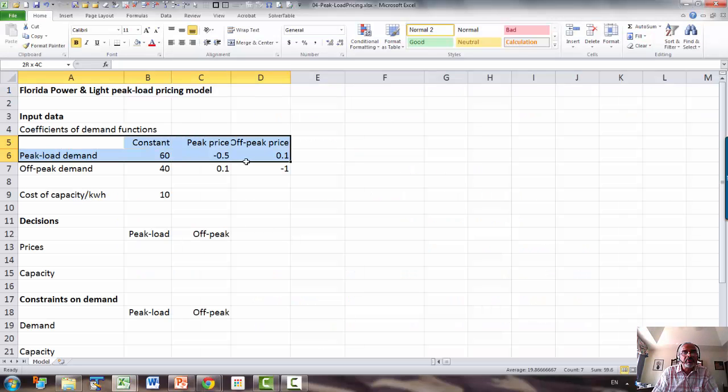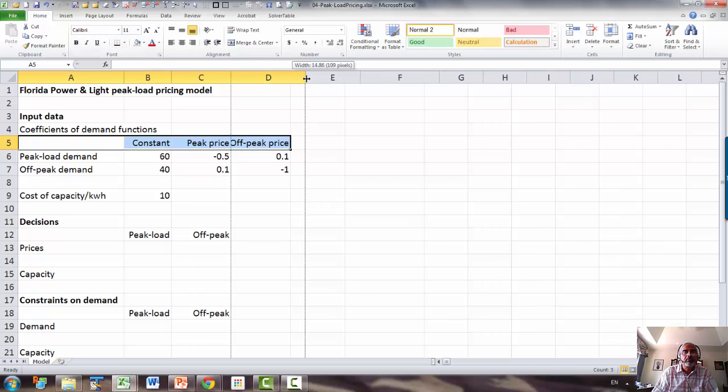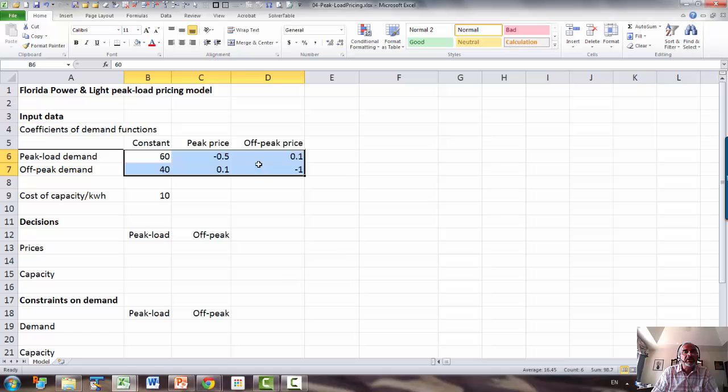Okay, we have some inputs here. So these are given. So input values. Now we have cost per kilowatt hour capacity. So we want to build the power plant in such a way that the cost is taken into account.